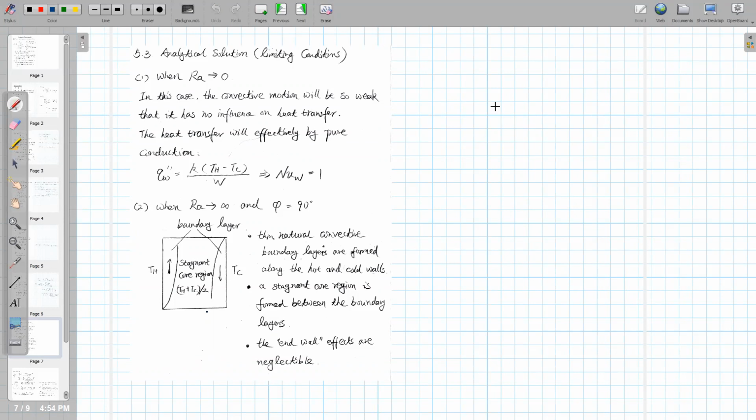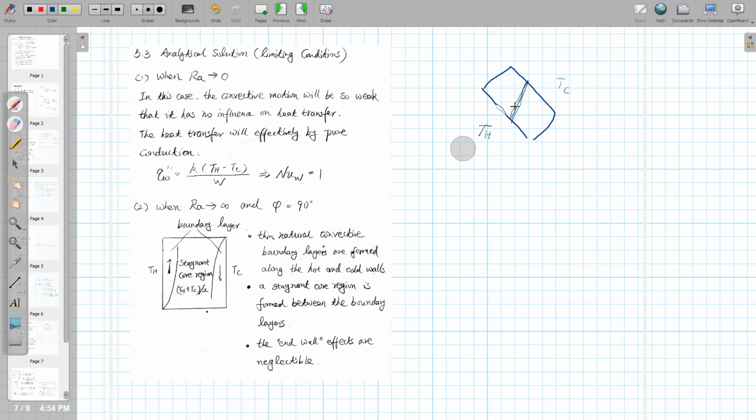And in that case, the wall heat flux can be calculated very easily. If the Rayleigh number is equal to 0, this is TH, and this is TC. The temperature distribution will be just a straight line across here.